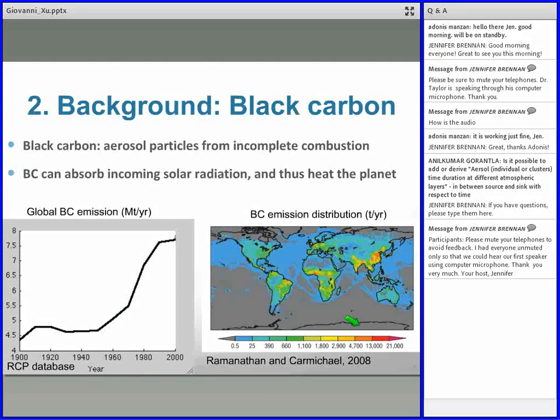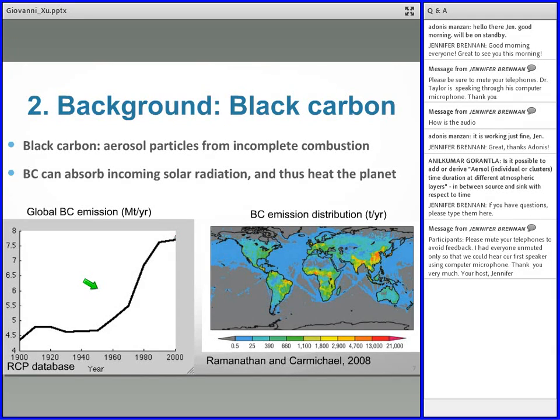So black carbon is mainly produced from the incomplete combustion of carbon matters, including fossil fuel, biofuel, and open vegetation. We can see the global emission of black carbon has been doubling in the past 50 years, mainly due to anthropogenic activities.